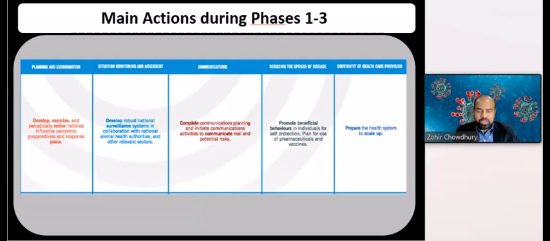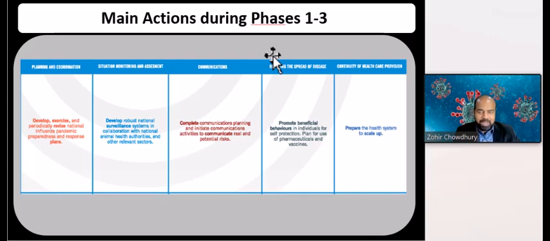The main actions that can be taken during phases 1 to 3 are aimed at strengthening pandemic preparedness and response capacities at global, regional, national, and subnational levels.